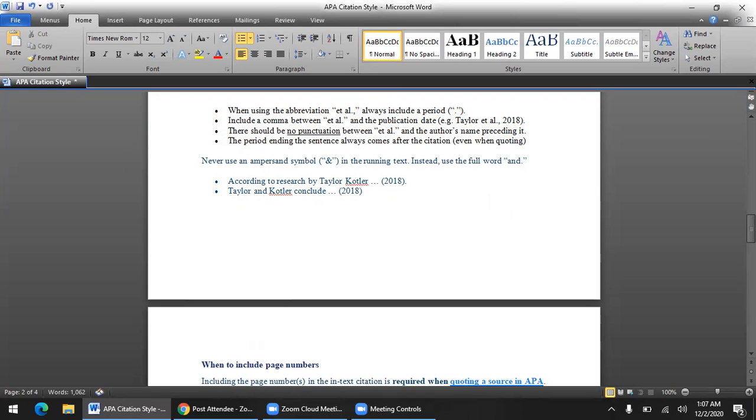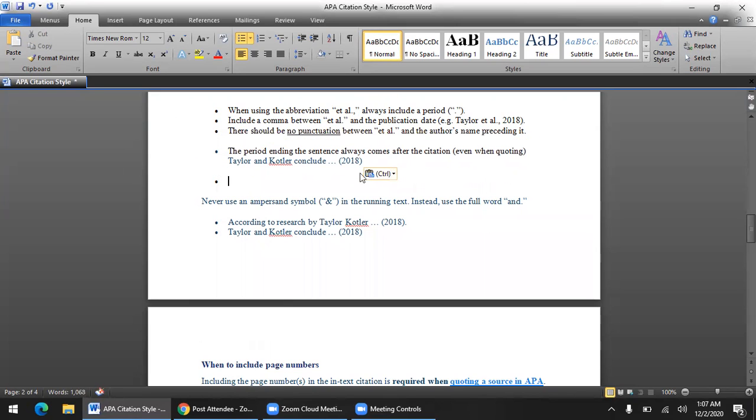Paste it, then remove "and" and from here put an ampersand. Remove this one also. Then follow it with a comma and include it in parentheses at the end.